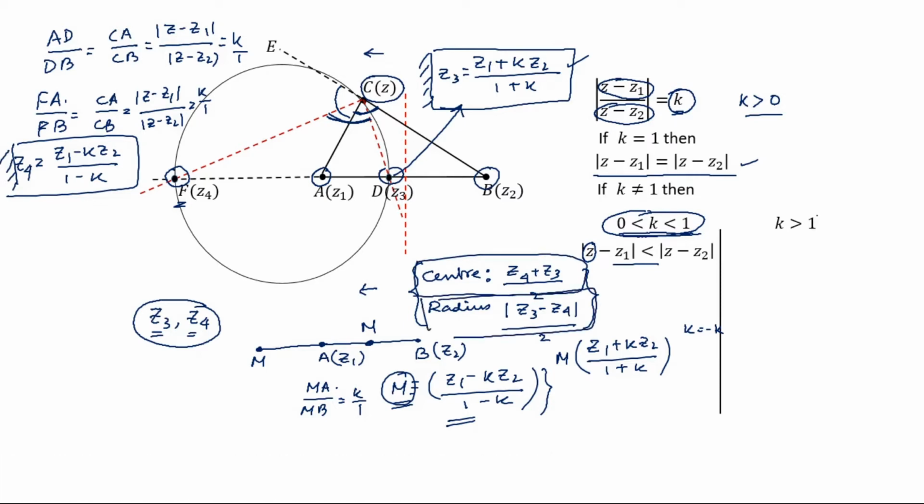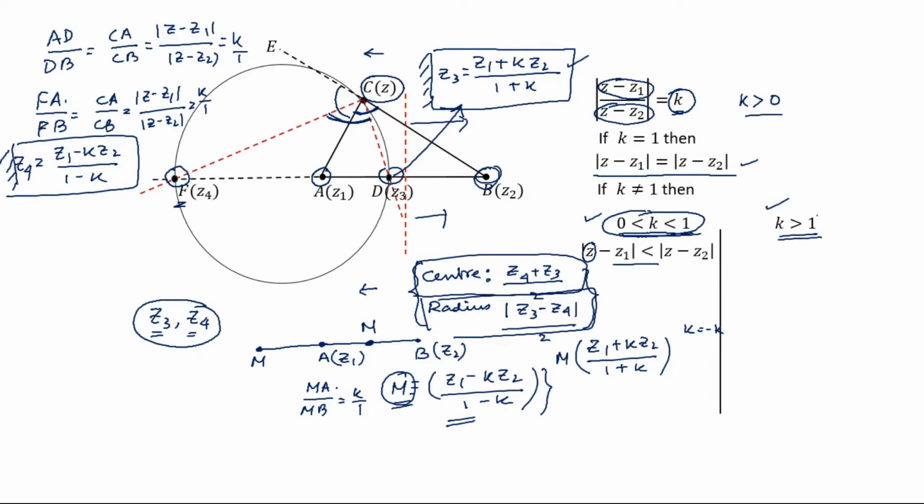Yes or no? Clear? But overall what we have learned is that when K is lying between 0 and 1, it represents a circle. Which one? The locus of Z. Okay, same thing will happen on the right hand side of this perpendicular bisector if k is greater than 1. The only difference will be that point Z2 will be inside the circle in that case when k is greater than 1, and point Z1 will be outside the circle.